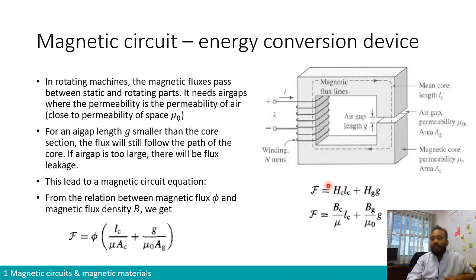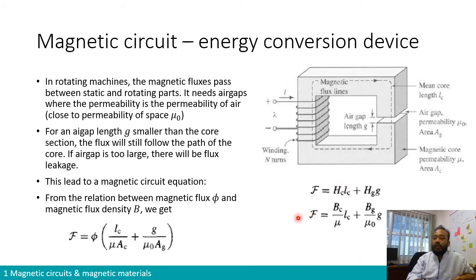So if we develop further, we know that H is in relation to the magnetic field inside the core, because now we have a core material. It's not just air, right? We know there is the coefficient mu that intervenes, because B equals mu H, therefore H equals B over mu.